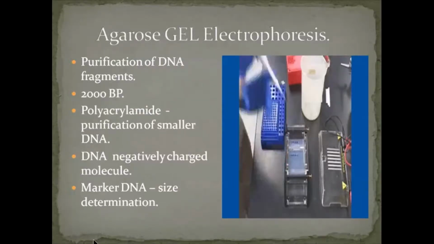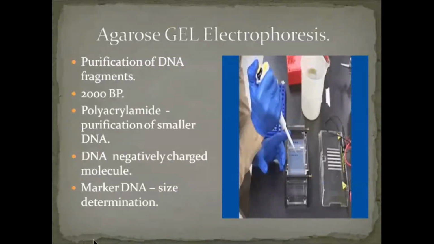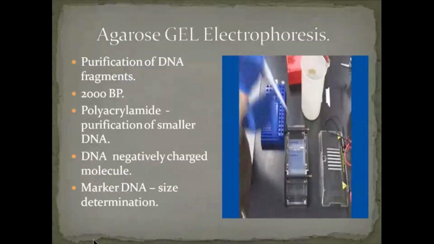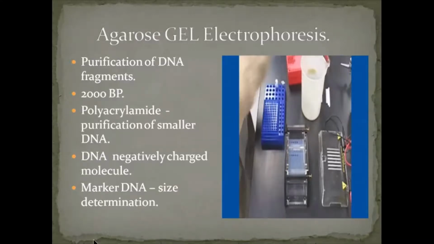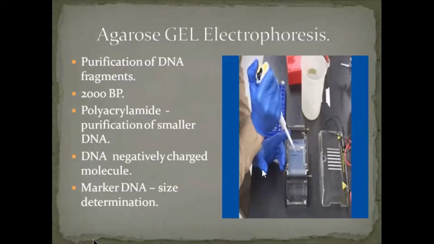Apart from that, we generally call it agarose gel, but specifically polyacrylamide is used, which helps in the purification of smaller DNA particles. Already I told you DNA is a negatively charged molecule. Along with the DNA they add a marker DNA. Why?